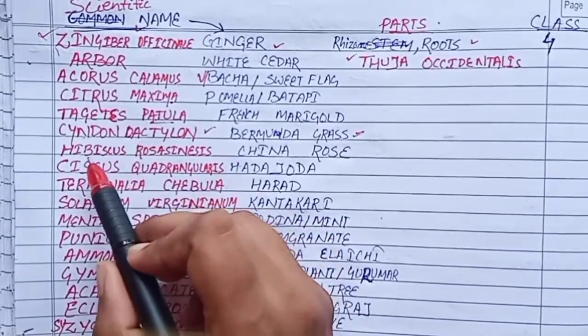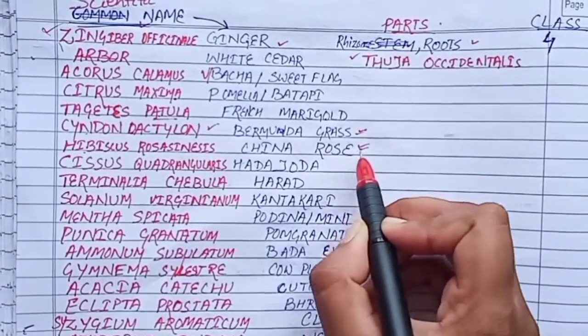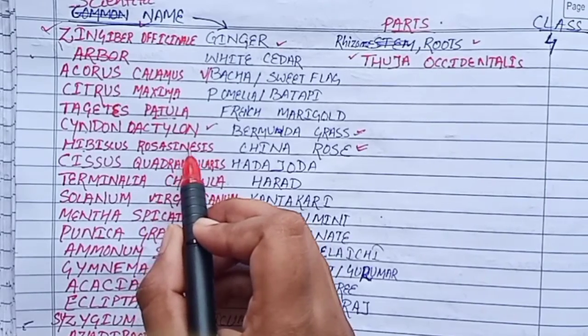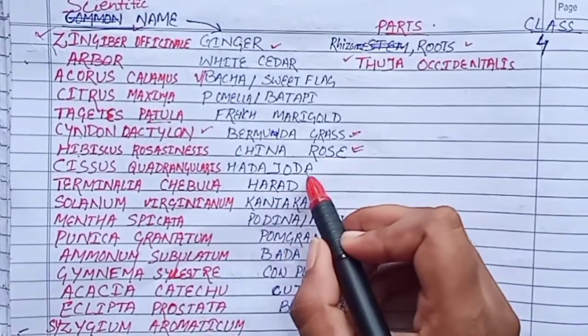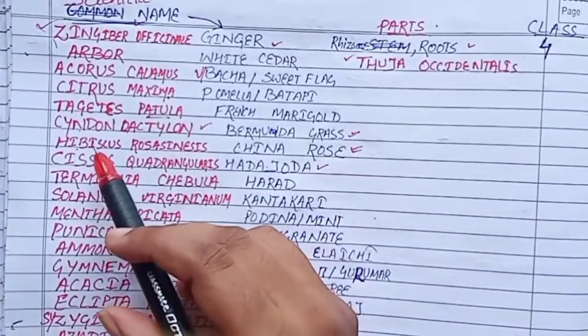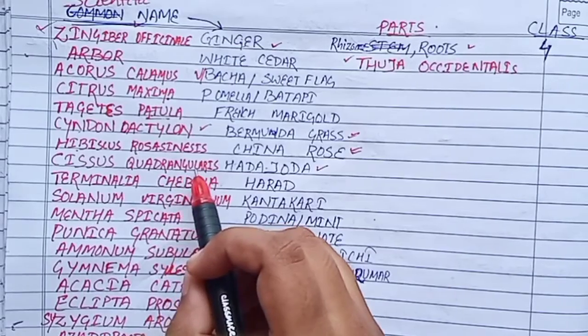Then hibiscus rosa. This is China rose, whose scientific name is Hibiscus rosa-sinensis. Then Hadjod, whose scientific name is Cissus quadrangularis.